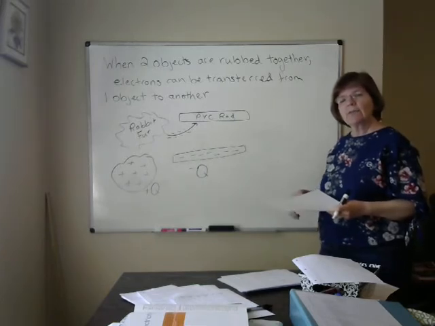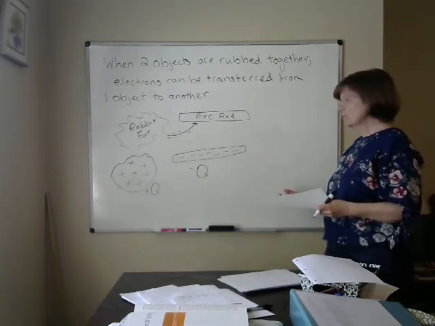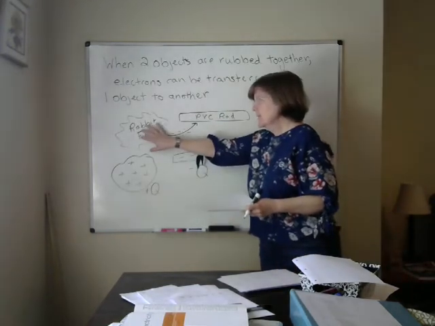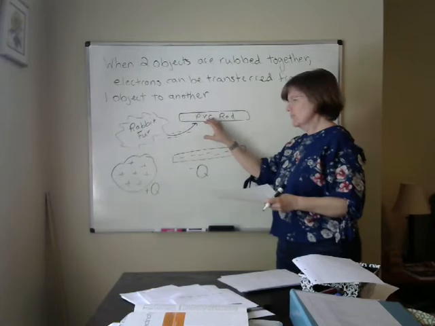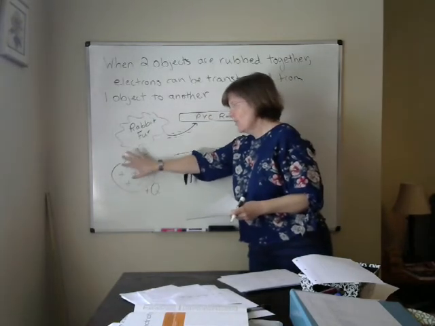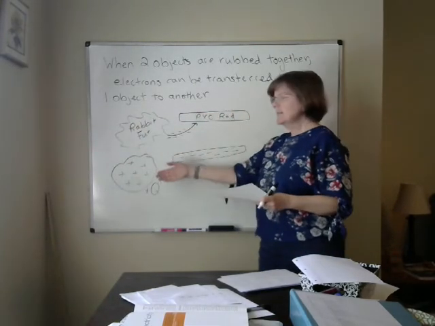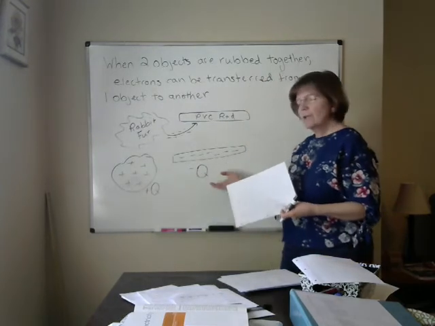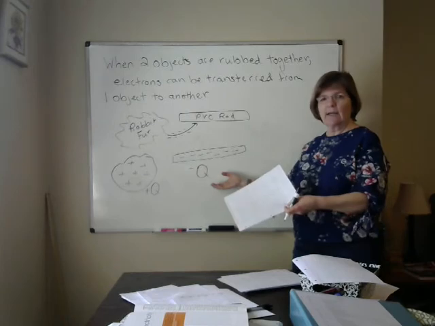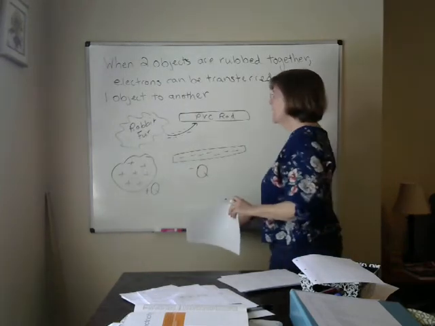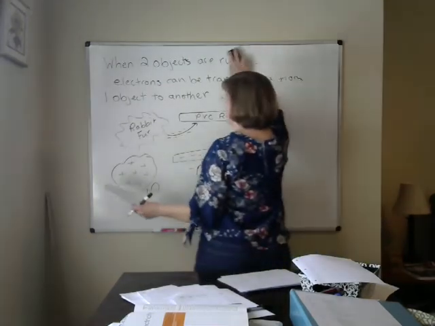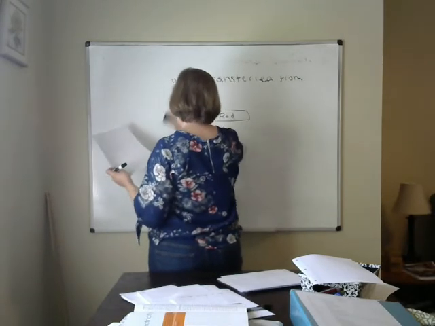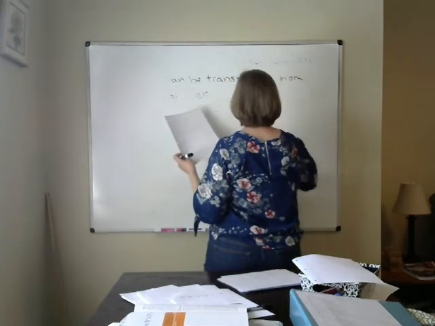We can never create charge, we can never destroy charge, but we can transfer. So if I transferred 10 microcoulombs of negative charge off this onto this, this could have a charge of positive 10 microcoulombs, and this could have a charge of negative 10 microcoulombs. That's a really, really important principle called conservation of charge.